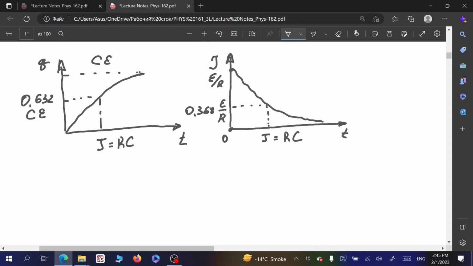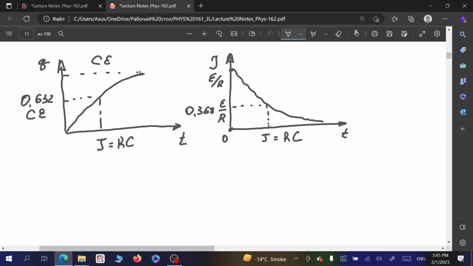Once this charge is flowing and results in the charging of the capacitor, this accumulated charge at the plates of the capacitor will create a potential difference at the plates of the capacitor. This will be directed opposite to the electromotive force and slow down the electric current in the circuit until it goes to some minimum value equal to 0.